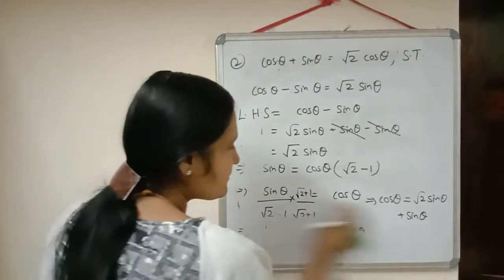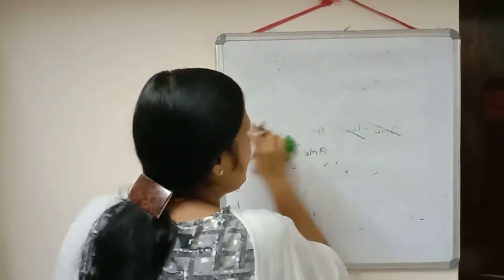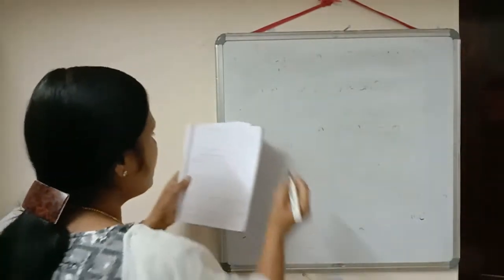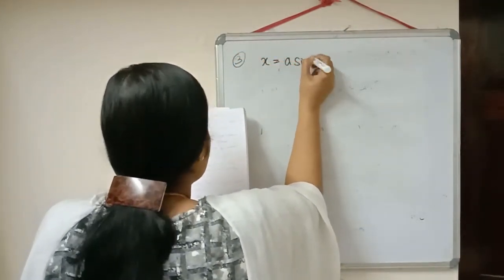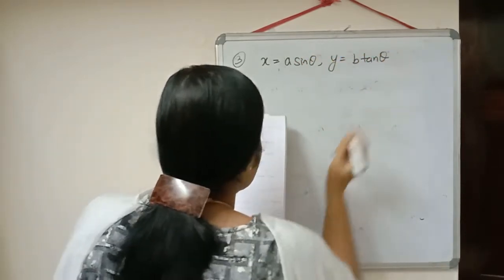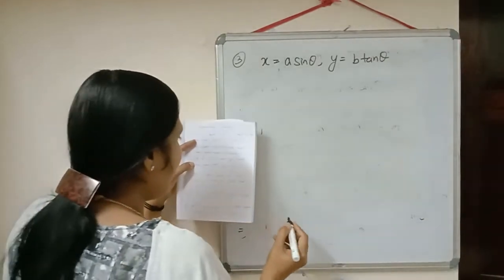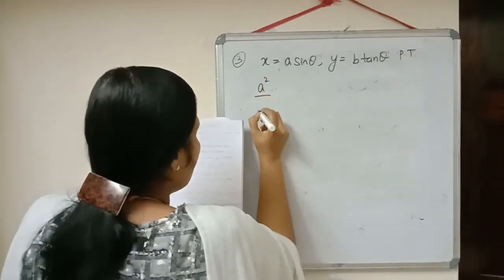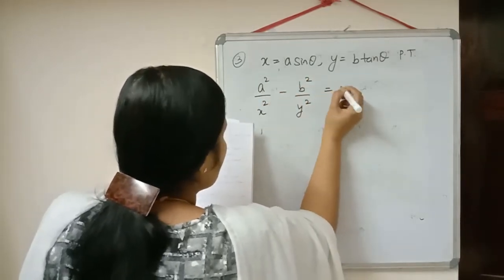Now all of you write down the next question. Question number 3 is, if x is equal to a sin theta and y is equal to b tan theta, then prove that a square by x square minus b square by y square is equal to 1.